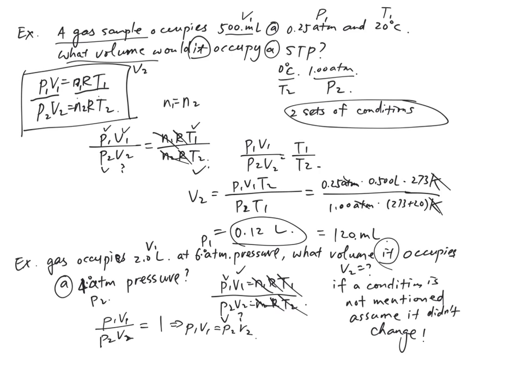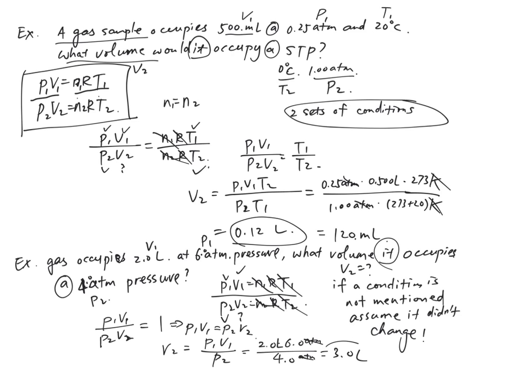So V2 should equal to P1 V1 over P2, so 2.0 times 6.0 divided by 4.0, you get 3.0 liters. This is liters, this is atmosphere, and atmosphere cancels.